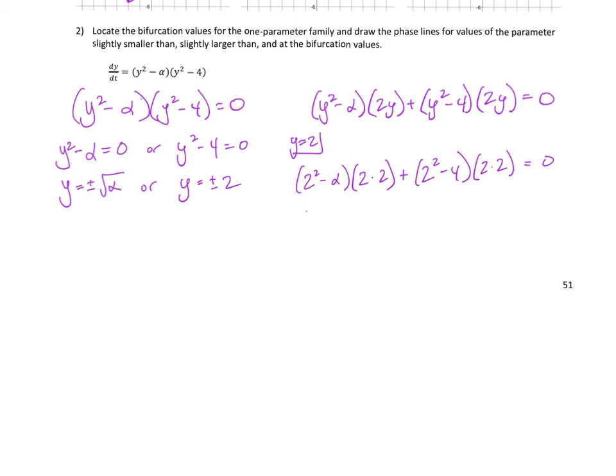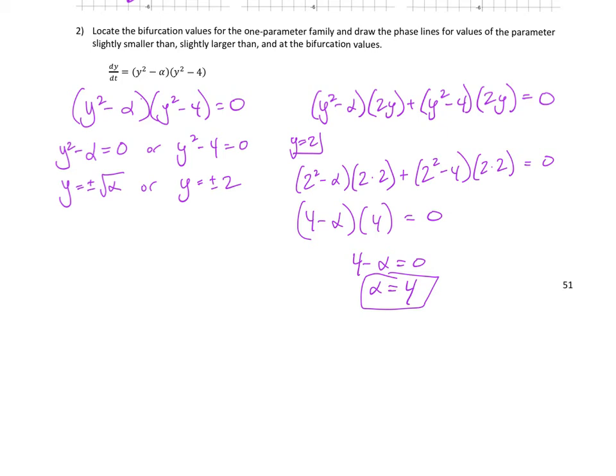So I have 4 minus alpha times 4 plus 0 equals 0. Divide both sides by 4, and I get 4 minus alpha equals 0, so alpha equals 4. So that's a value of alpha.